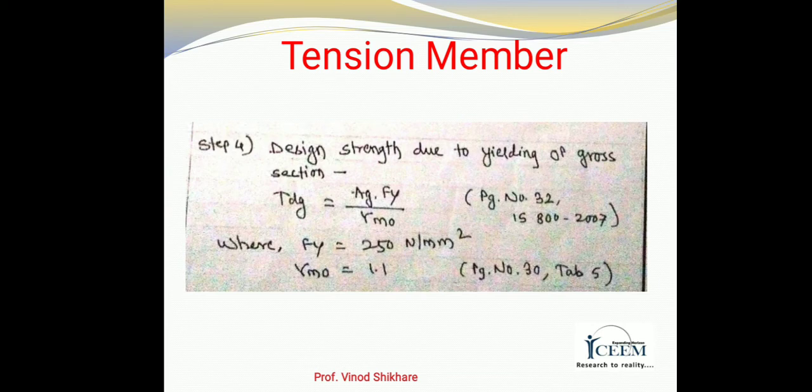The value of rho m0 is 1.1. It is given on page number 30 in table number 5, and the formula of design strength due to yielding of cross section is given on page number 32 of IS code 800 2007, in which the value of Fy is 250 Newton per millimeter square.